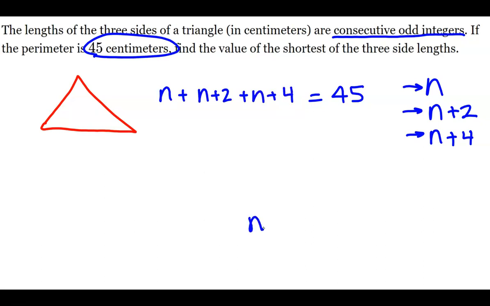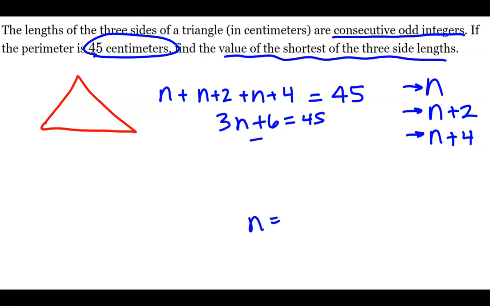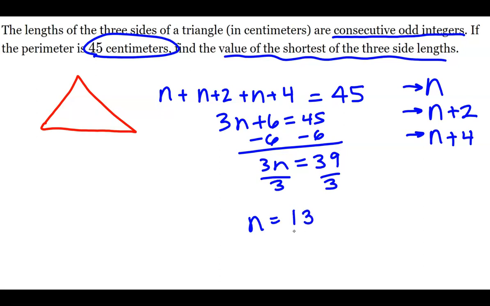Once I figure out what n is equal to, then I'll know the length of the shortest of the three sides. So 3n plus 6 equals 45. So the length of the shortest side is 13.